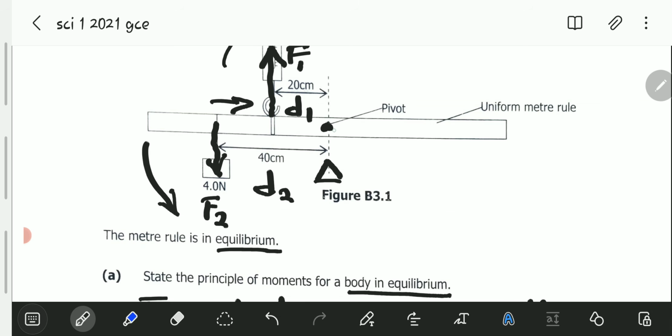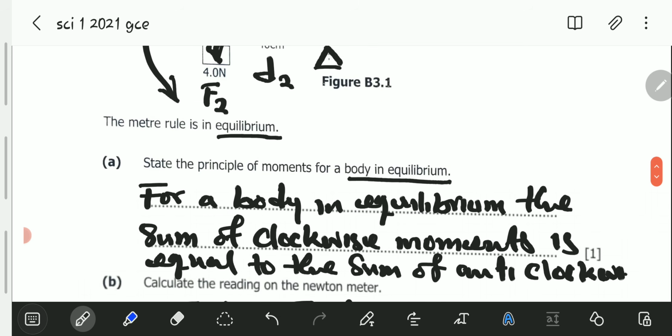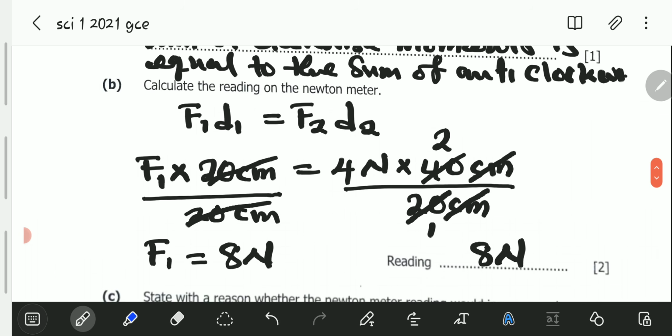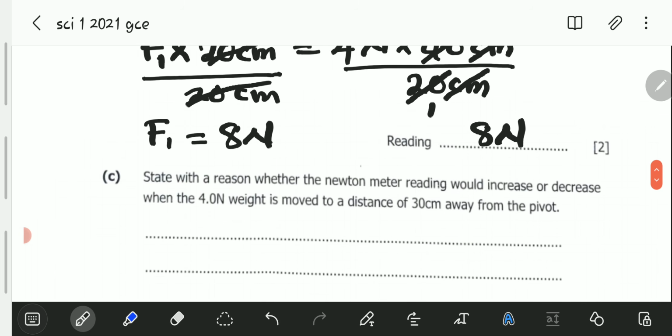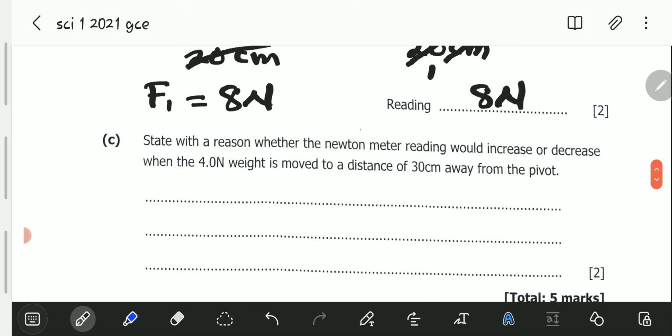Hence, even the balancing moment, the balancing force on the other side should equally reduce. So the Newton meter reading there will reduce because the counter moment has reduced.